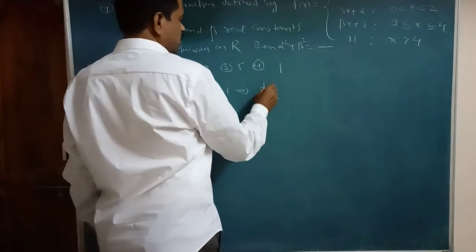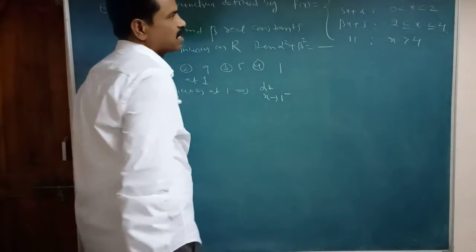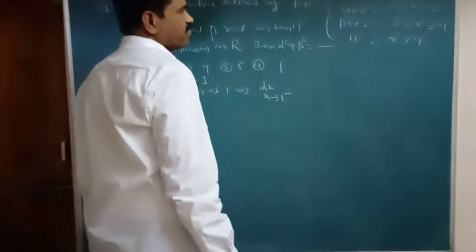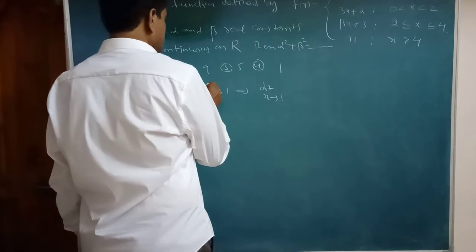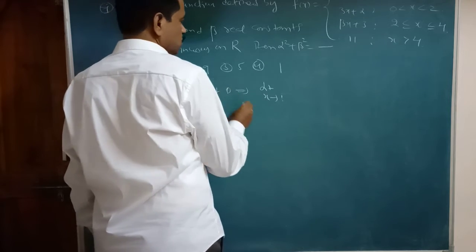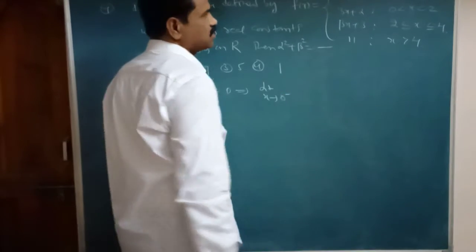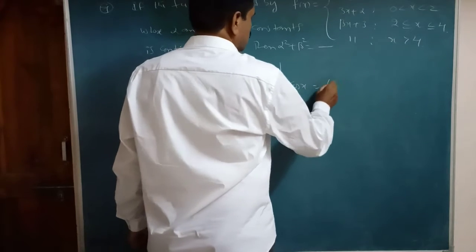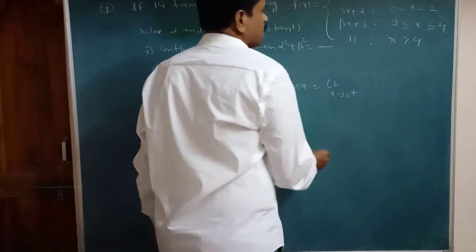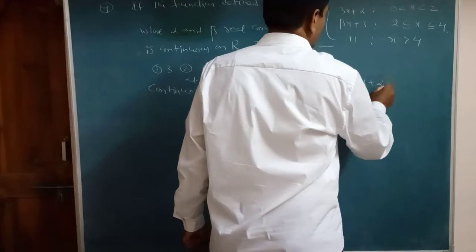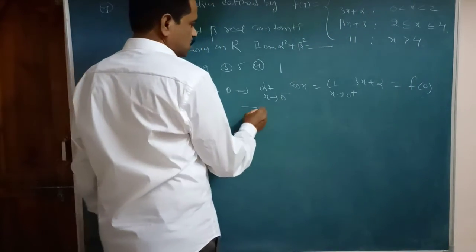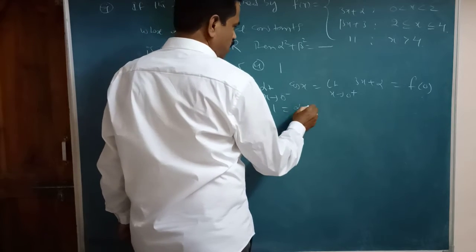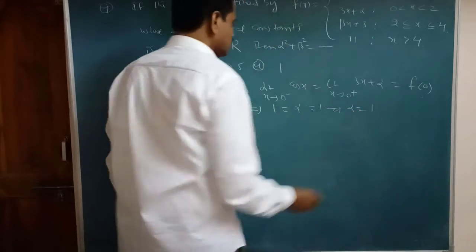So that implies limit x tends to 0 minus, x less than 0, what is the function here? Cos x. Limit x tends to 0 plus, x greater than 0, is 3x plus alpha, equal to f of 0. Cos 0 is 1. F of 0 is how much here? Cos 0 is 1. That implies alpha value is 1.